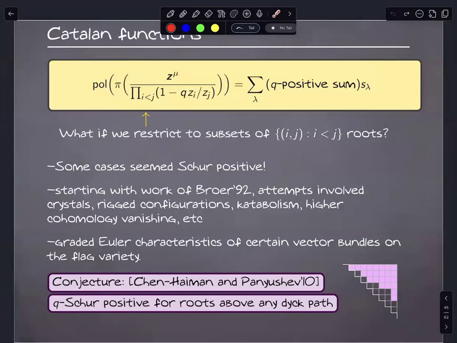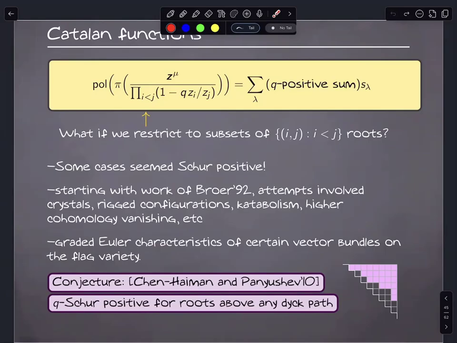anytime your roots lie above a Dyck path, so each one of these is a lattice point, and if you use those roots up in that thing there, then you get Schur positivity. So that was the conjecture. And we call these Catalan functions because, well, you have Catalan many of these Dyck paths.